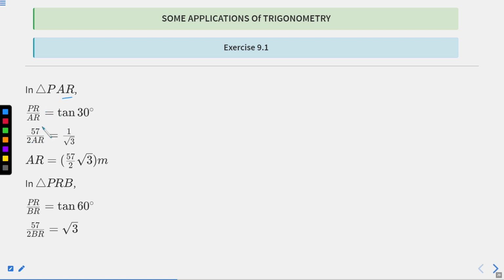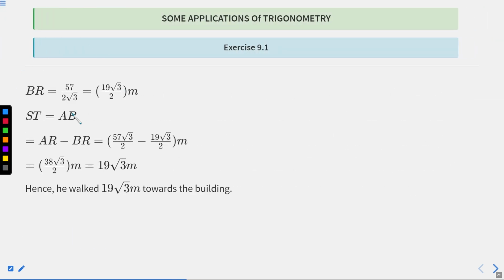Okay, so 57/2 by AR is equal to 1/√3, and it implies AR is equal to 57/2 times √3 meters. And from triangle PRB, here PR by BR is equal to tan 60 degrees, and it implies 57/2 by BR is equal to √3. Okay, so it implies BR is equal to 57/2 divided by √3, and this is equal to 19√3 divided by 2 meters. Okay, so BR is equal to 19 times √3 by 2 meters.